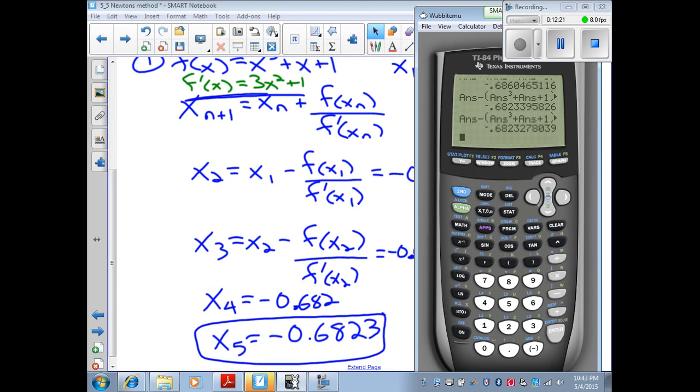Okay. Now if I go and actually graph it and look for that root, let's see, what do we have here? x to the power of 3 plus x plus 1. Here's what it looks like.